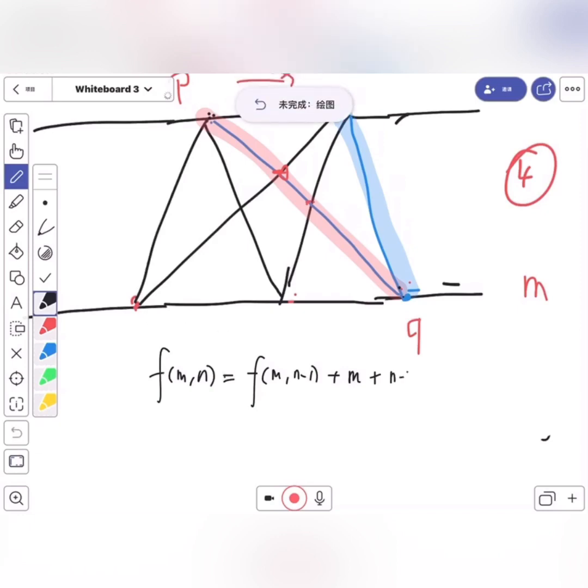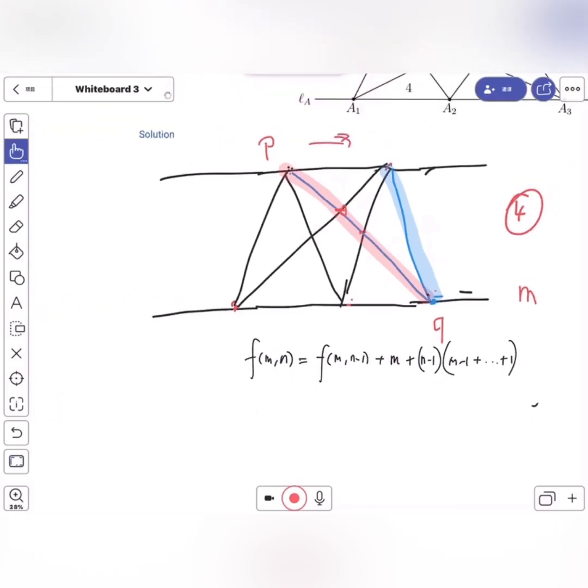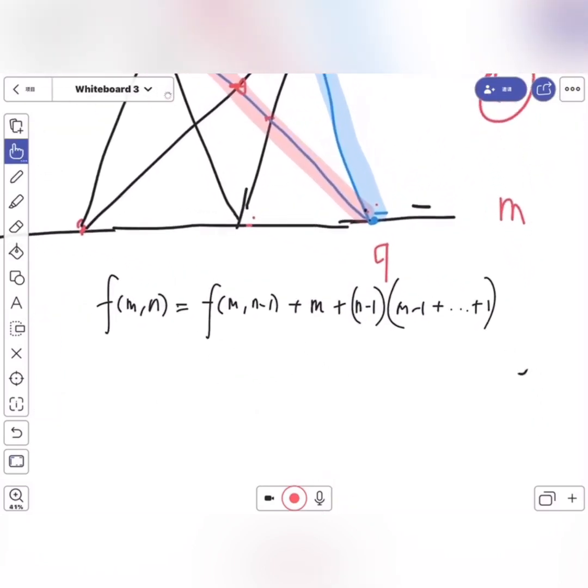So n minus 1 times, well, from here we can see that we have m minus 1 choices for the top, and we add it all the way to 1. So this is in fact just an arithmetic series. Now we're going to simplify this a little bit.